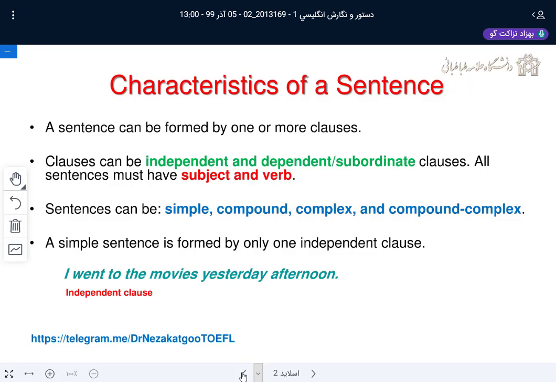By purpose, we classified them as declarative, interrogative, imperative, and exclamatory sentences. By structure, the sentences were either simple, compound, complex, or compound complex. We talked about all these issues.